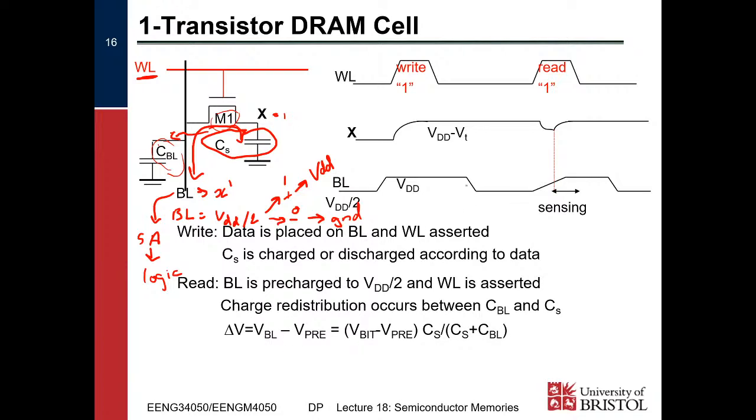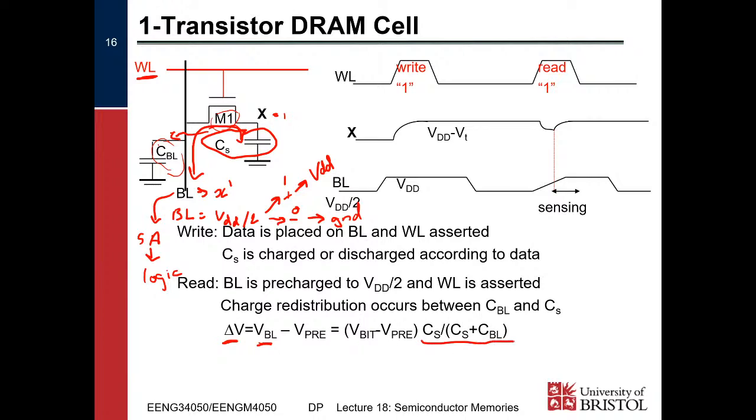And then we can say that the delta V, so the difference in voltage, is going to be the voltage at the bit line minus the pre-charge voltage, which is the voltage of a bit minus pre.